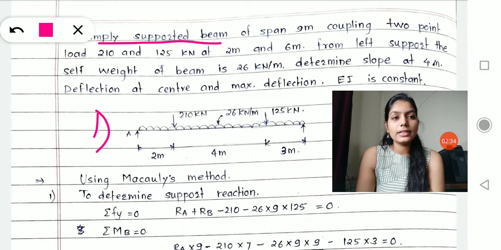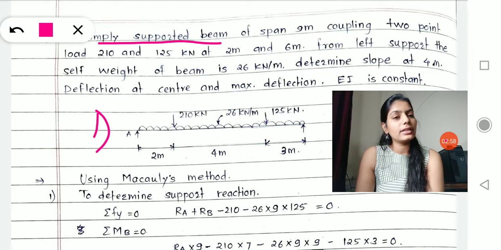In the second step you form a moment equation and equate it with EI d square y by dx square, right? That was your second step. In the third and fourth steps you integrate it twice. You integrate the given equation two times.